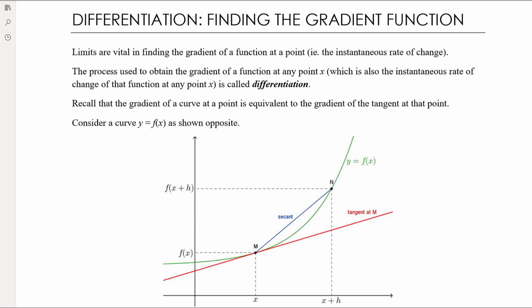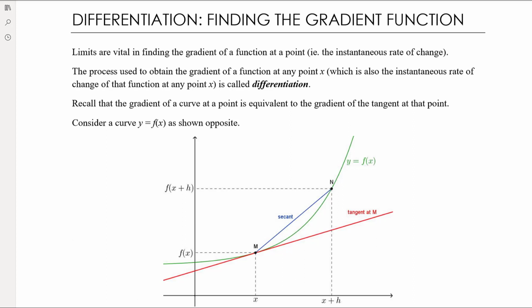Over the last couple of videos, you've looked at ideas around rates of change, in particular instantaneous rate of change, which is all about what we're interested in now. How can we find the gradient of a curve at a given point? The process that we use to obtain the gradient of a function at any point x is called differentiation. We differentiate to find the gradient function.